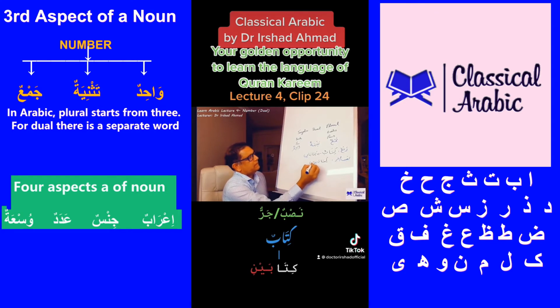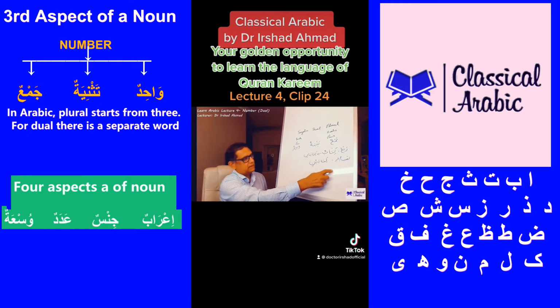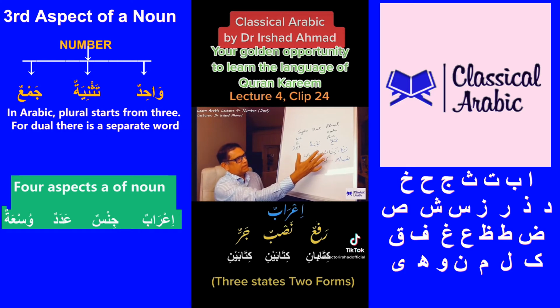Noon takes kasra and ya takes sukoon. So it becomes kitabaini. It's the same for both nasab and jar. So basically from the Arab point of view, dual of book will be kitabani, kitabaini, kitabaini. So very simple formula, simple and straightforward.